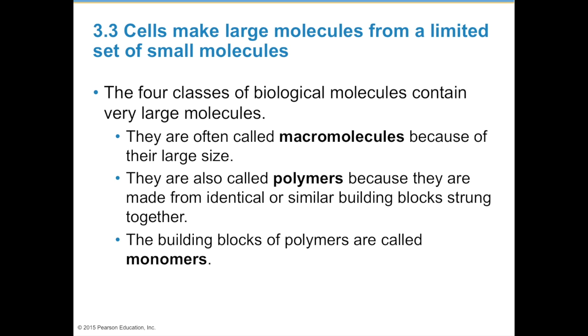I apologize, but I didn't make it up. So macromolecules and polymer really mean the same thing. Macromolecules are essentially polymers. Polymers are made up of monomers. And here's what I mean by that.